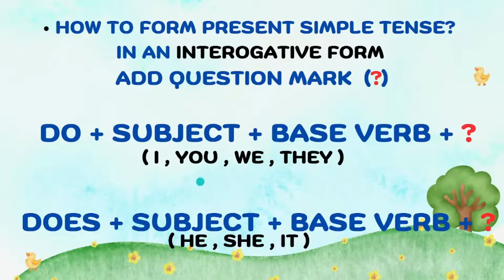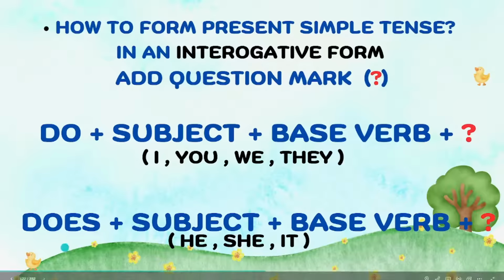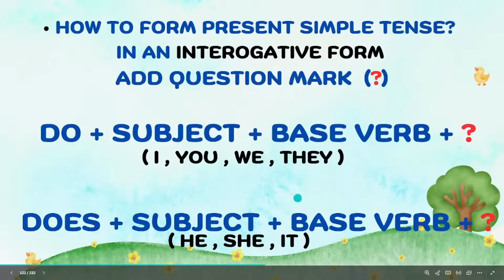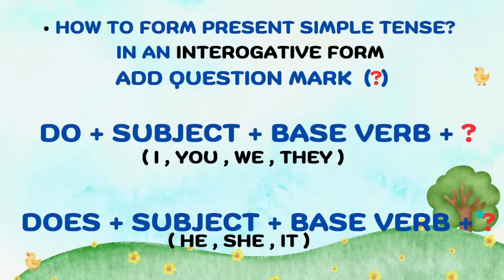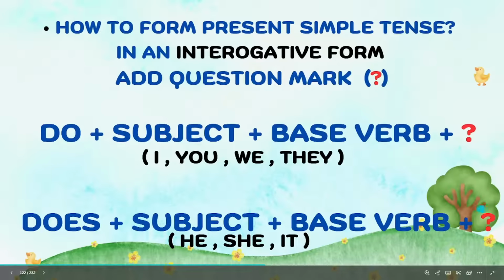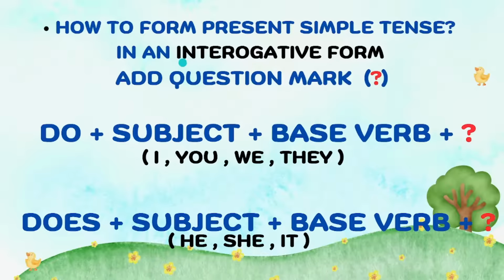Now, if we are going to use a subject pronoun like he, she, and it, we will use does, plus this one and this punctuation mark. That is our interrogative form type of sentence in present simple tense.